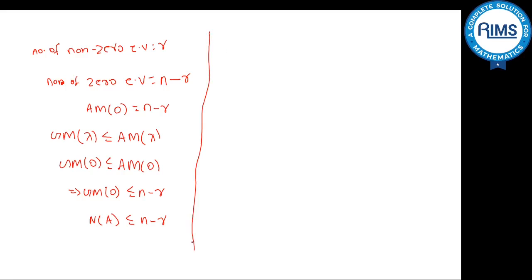Okay, now we know that by the rank nullity theorem, rank of A plus nullity of A equals n. That implies rank of A equals n minus nullity of A. Here nullity of A is less than or equal to n minus r.